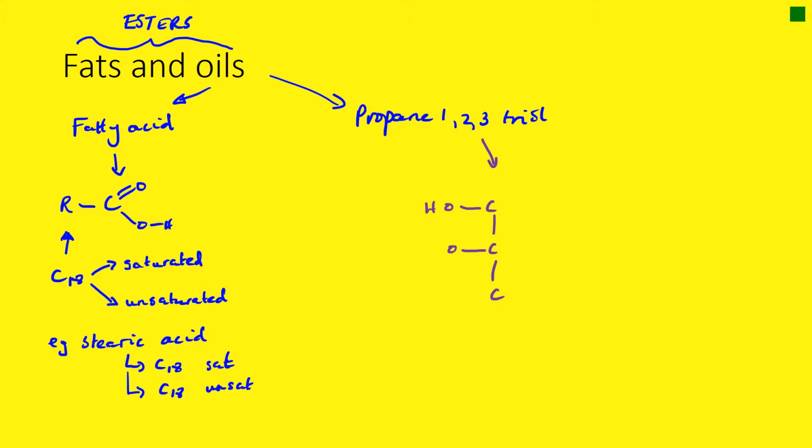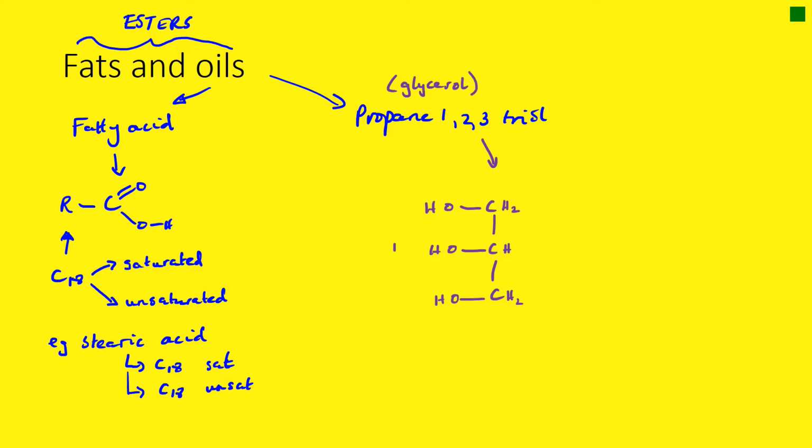We can have them coming off this way. And as well as that, we need a couple of hydrogens here, just one in the middle, and a couple on the end. So that's our propane-1,2,3-triol, and in brackets let's just write the common name for it, so it's glycerol.